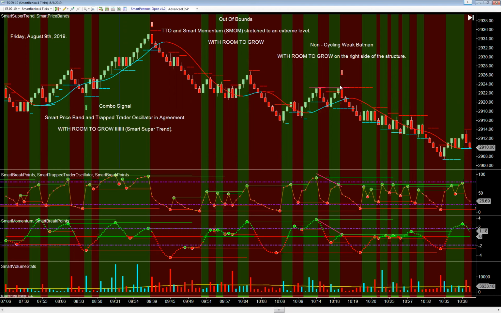But all this is, and I'm not going to go into all the details of teaching this in this video, it's a local double top with no cycles in between. Because rather than going red, green, red, which is a normal Batman signal, we get a reversal bar, 2 continuations, reversal, 2 continuations.